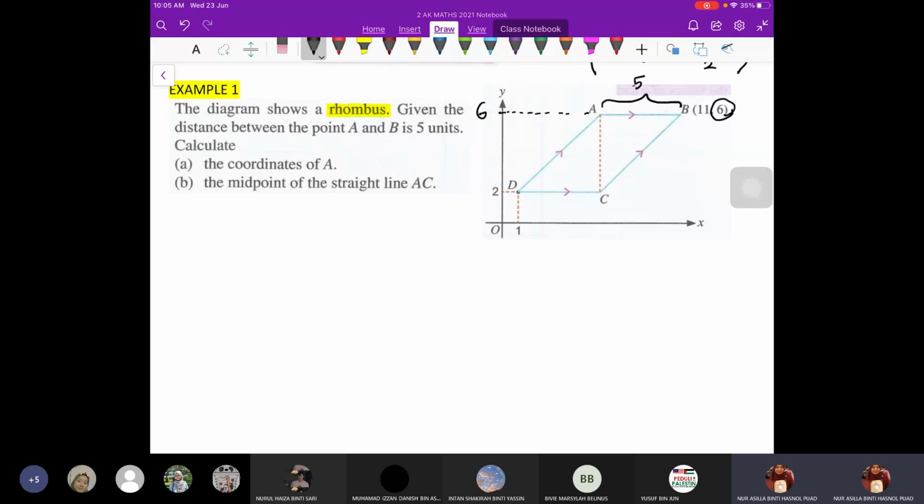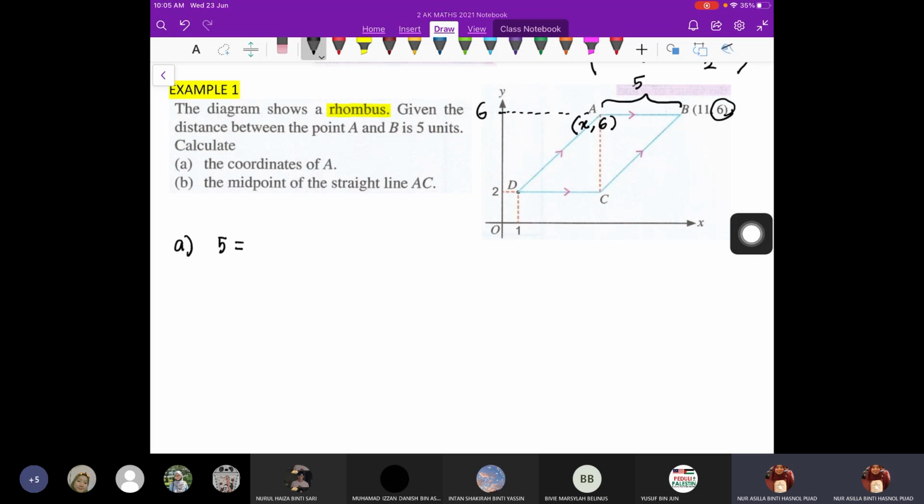Jadi A, kita punya x we don't know, but the y coordinate is 6. So horizontal distance kita adalah 5. So we use this. 5 will equal to, mana paling besar? Of course lah 11. 11 is bigger than x according to the x-axis.